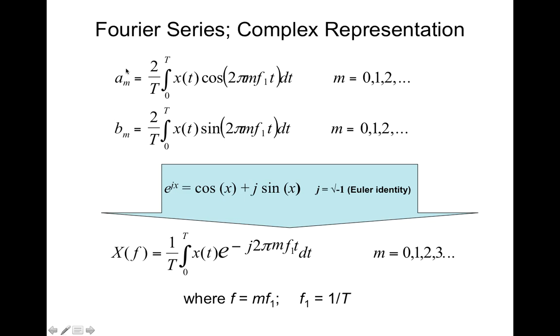Now, as we transition from the Fourier series to the Fourier transform, the Fourier series is typically written not as a sinusoidal sum, but as a sum of complex exponentials. If we use Euler's identity, we can convert from coefficients that are sinusoidal and cosinusoidal to a single expression that does not involve sine and cosine, but only involves complex exponentials.